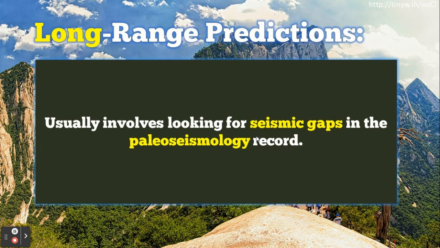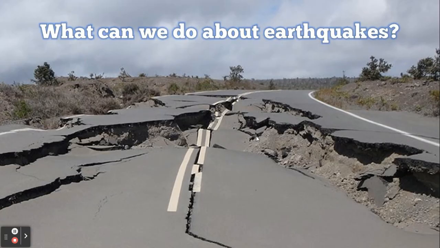Then we can see, oh, an earthquake of this size tends to happen every 20 to 40 years. So now we know that if we haven't had such an earthquake in 60 years, we're kind of overdue for one. We're looking for the gap, how long it is between earthquakes in the paleoseismology record. Paleo just means historical.